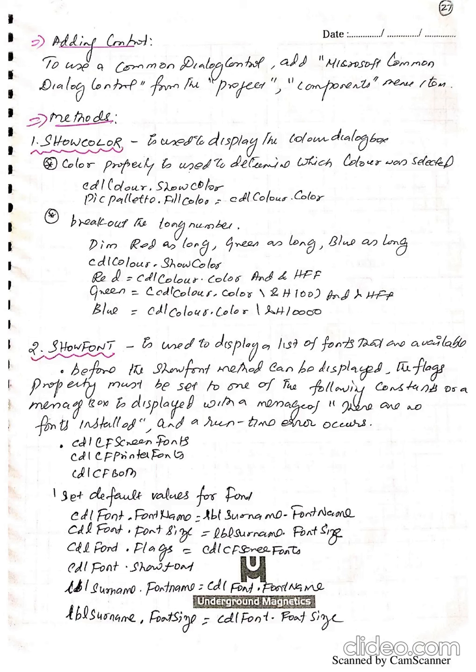ShowFont is used to display a list of fonts that are available. Before the ShowFont method can be used, the Flags property must be set to one of the following constants, or a message box is displayed saying there are no fonts installed.